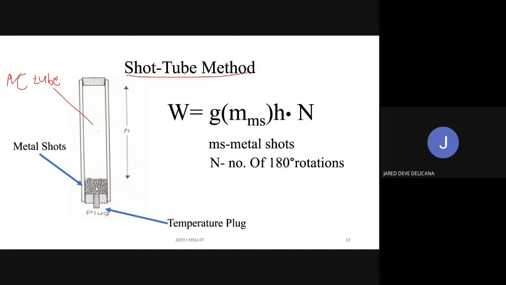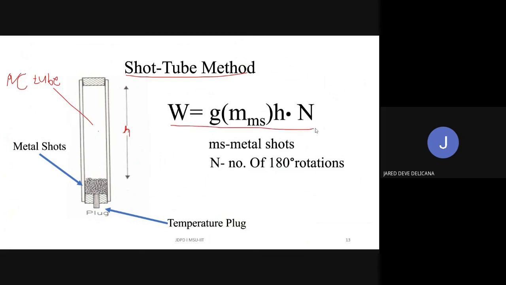So the metal shots are placed inside our tube, and the empty space inside our tube is now the h. This is where our shot is being displaced by this change in height. And then to measure the change in temperature here, we have a plug here, and then you replace it with the thermometer. With the thermometer later on, you measure the change in temperature.